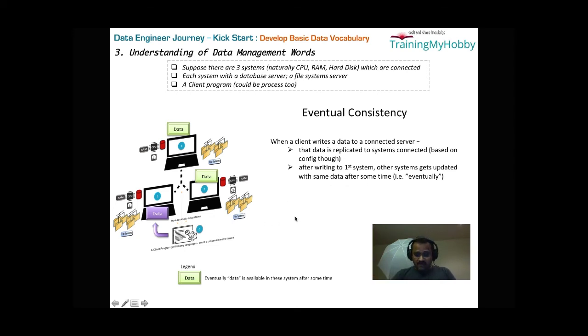If I have another client who is reading the data, and that client is connected to either system 2 or 3, and the underlying technology used to copy the data hasn't completed replicating it, then this client will not see the data until it is replicated.